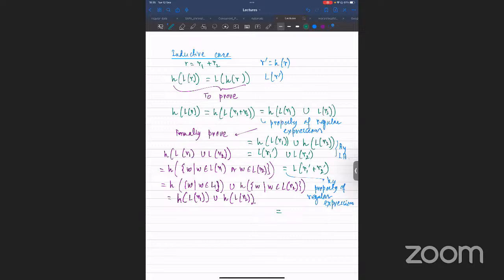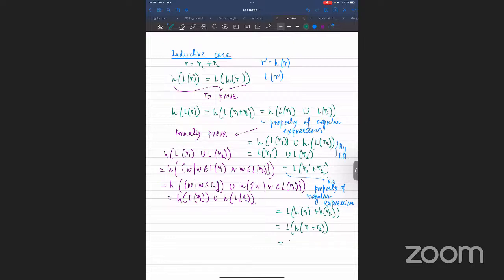L of homomorphism. So what is this? L of H of R1 plus H of R2, right? So it is the plus. And this thing inside is the same as H of R1 plus R2, right? H of R1 plus H of R2 is the same as H of R1 plus R2.